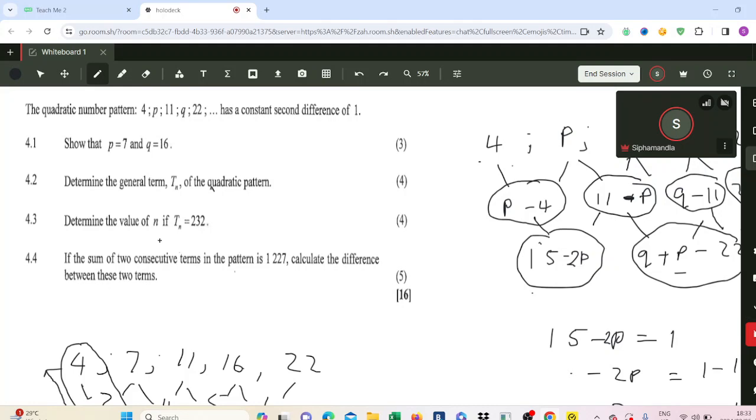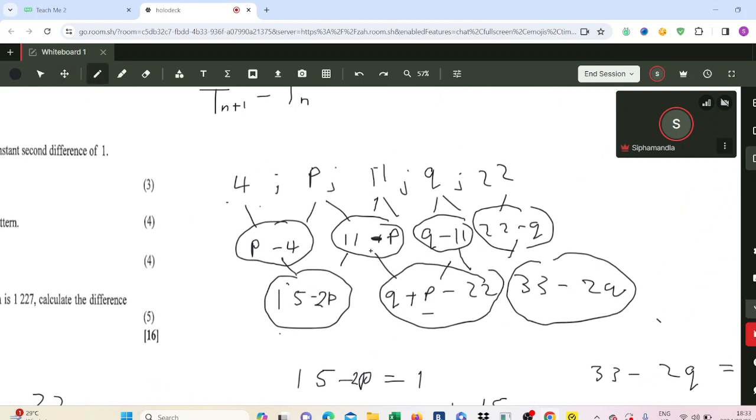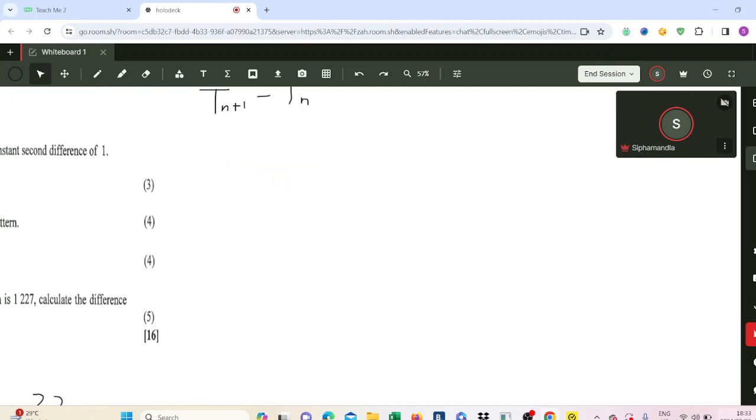So one thing you have to understand is this: the question is a little bit complex, but it's very simple when it comes to doing it. You'll see why I'm saying it's simple.